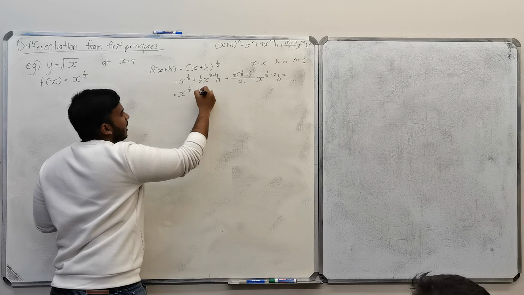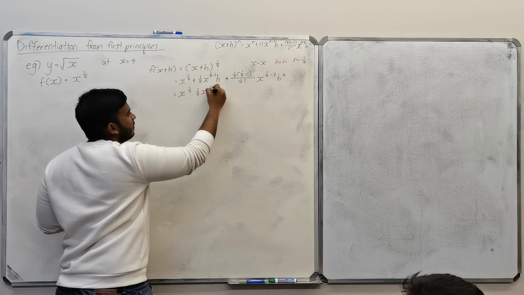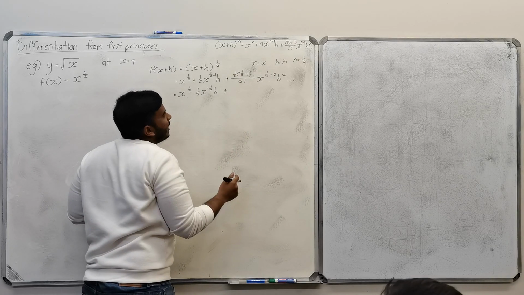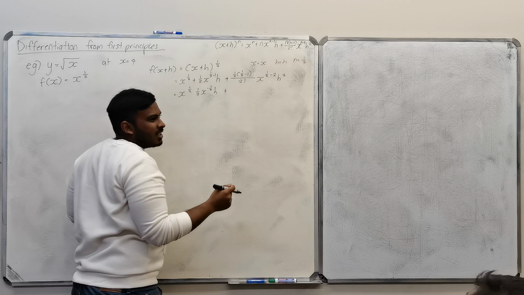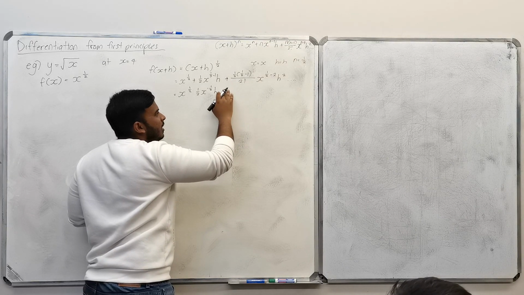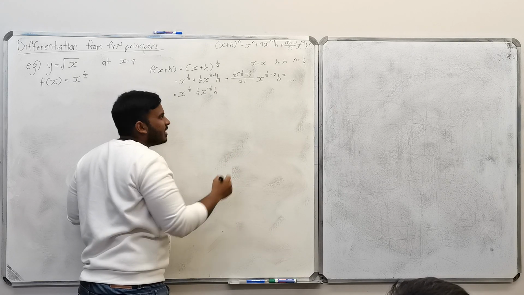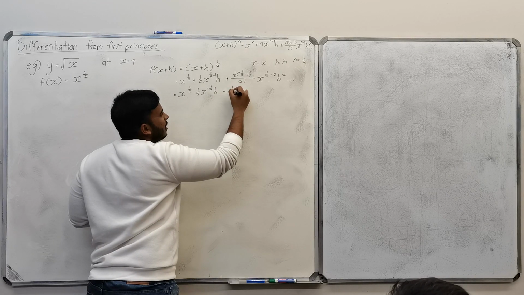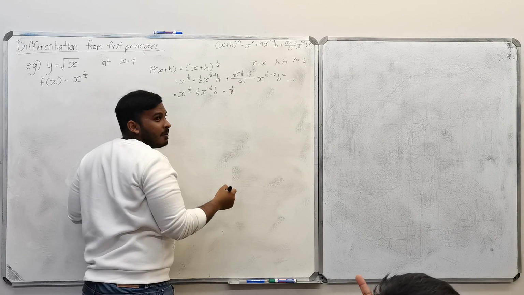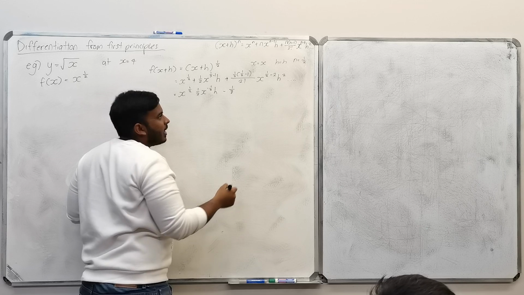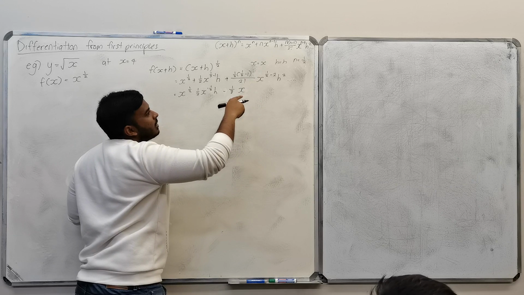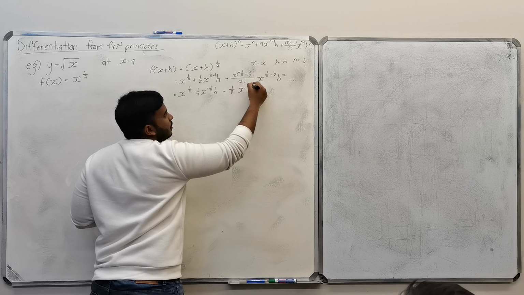This would be half x to the power negative half h. This would be half times negative half, which is negative 1 over 4, and then negative 1 over 8. Just double check that for me, please. Minus 1 over 8. Yeah. Okay. x to the power negative 3 over 2.